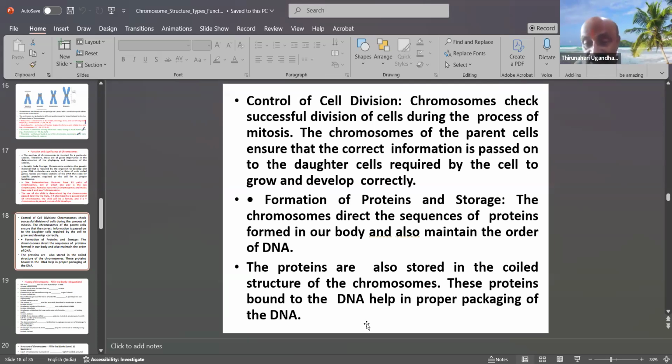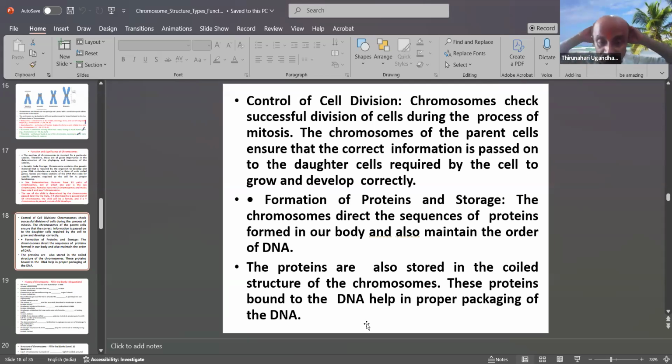The chromosomes of the parent cells ensure that the correct information is passed on to the daughter cells, required by the cell to grow and develop correctly. This is the central dogma, or control of the cell division, the third important function of the chromosomes. Then formation of proteins and storage.